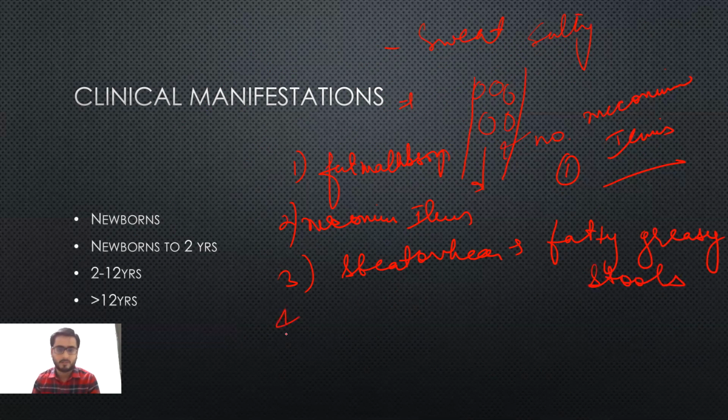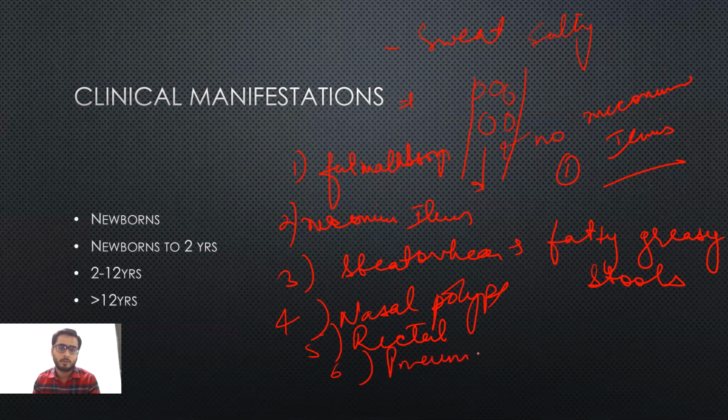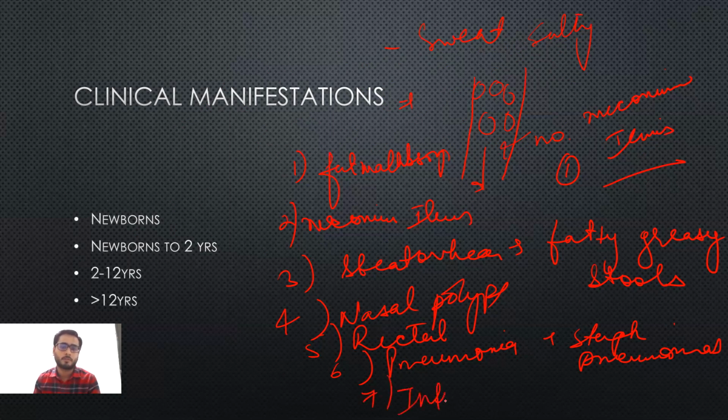Next, they can have nasal polyps, they can have rectal prolapse, pneumonias. So in the younger age group, they can have staph pneumonias. Later on, the most common organism is Pseudomonas, I've already told you. They can present as intussusception.